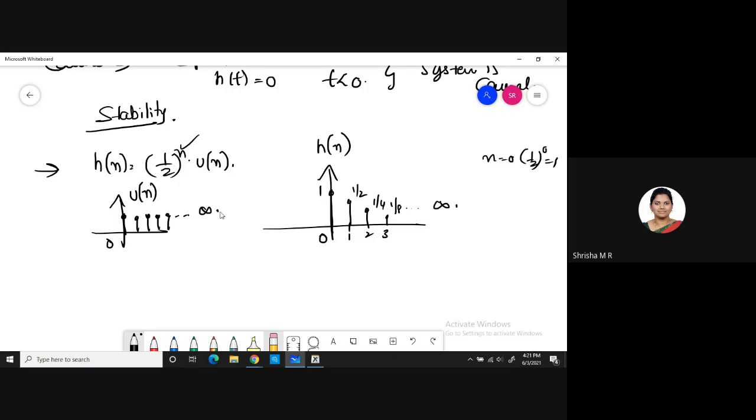So what is the condition for a system to be memoryless? It should exist only at 0. If h of n is 0 for n not equal to 0, it's memoryless. But since h of n is not equal to 0 for n not equal to 0, what type of system is this?